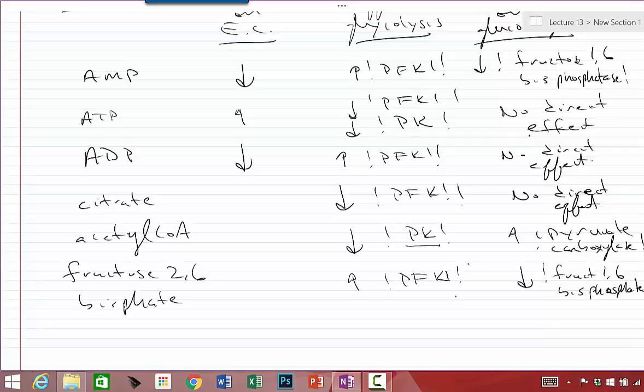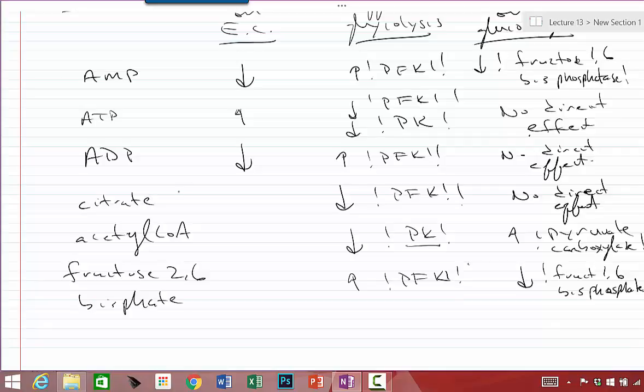I'm going to talk about some exceptions, but in most of your cells, you're going to increase gluconeogenesis as well as other anabolic pathways. If you lower the energy charge, if you don't have enough energy, and your ATP levels are low relative to AMP and ADP, then you're going to shut down your anabolic pathways, and you're going to increase your catabolic pathways. One of these is glycolysis.